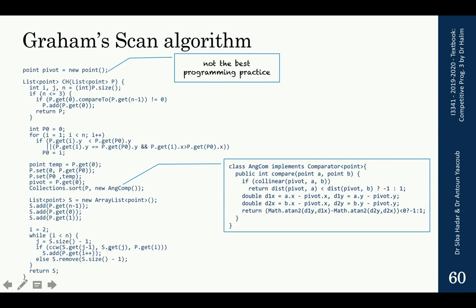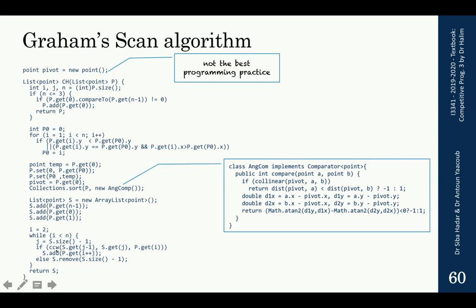the last two elements in the stack, so s.get(j-1) with s.get(j), where we are keeping in j the size of the stack minus 1, and with i, p.get(i), before we add p.get(i) to the stack, we see if they are counterclockwise.